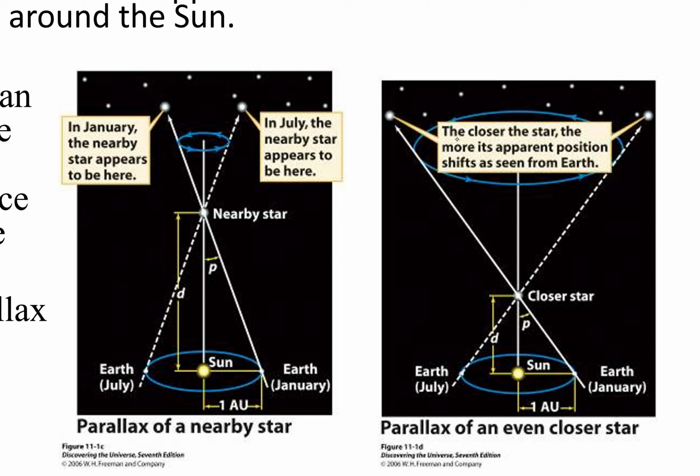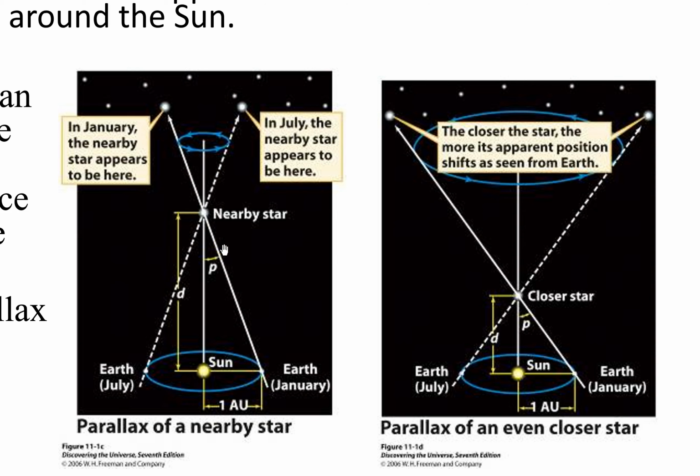The blue circle down here is the Earth's orbit, 6 months apart. So for a relatively nearby star, we're actually going to see it change against the background stars when we are 6 months apart. So in July the star is going to appear here, and in January the star is going to appear here. So this angle is what we call the parallax angle.